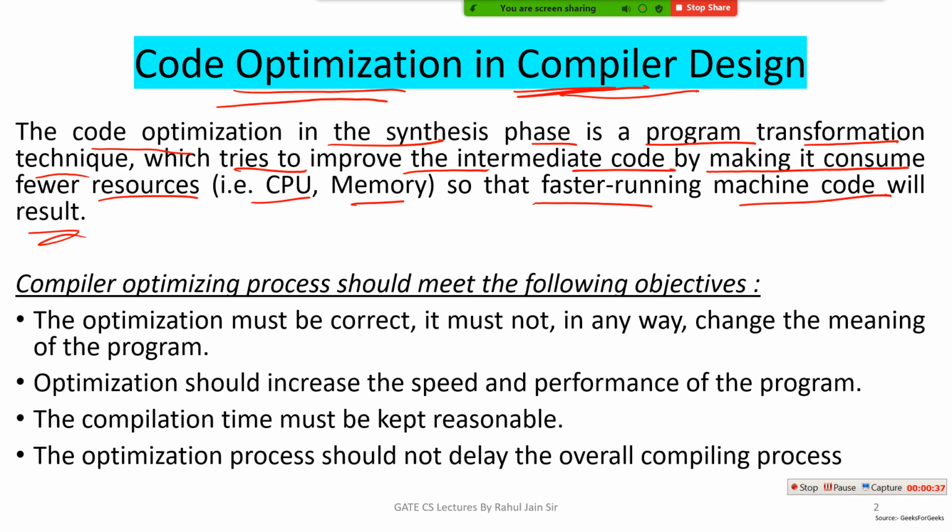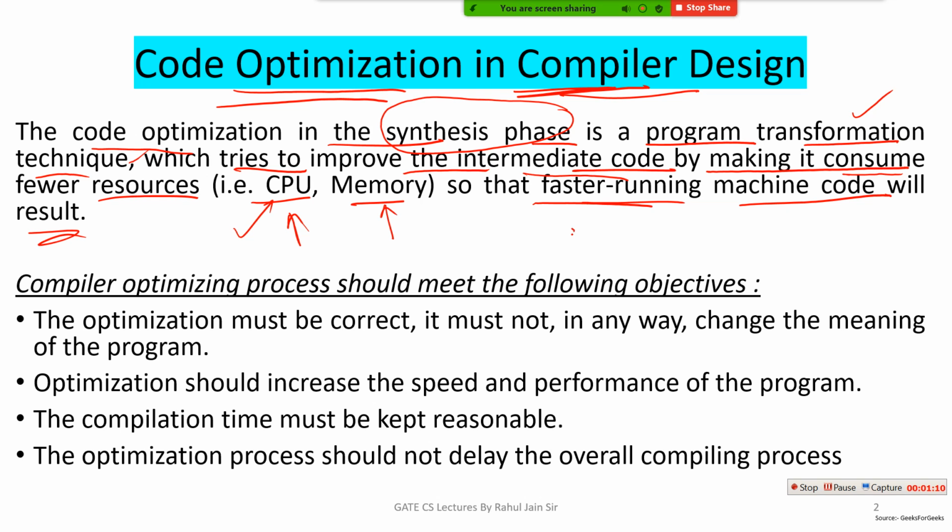Suppose your program was consuming more memory earlier, then we need to reduce the lines of the program so that it consumes less of the CPU and less memory, so that faster running of the machine code will be there.